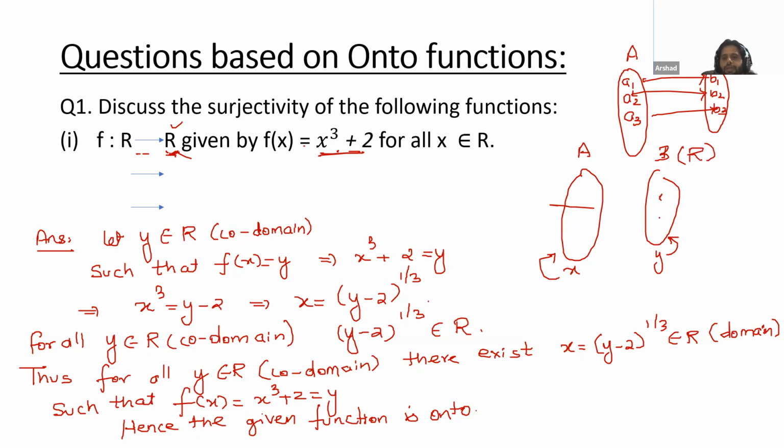So all the real numbers which are present in set B, there exists an element x in set A. We are saying there exists an element x is equal to (y minus 2) to the power 1 by 3 in set A, in the domain, which will fulfill this condition. Hence, the given function is onto.